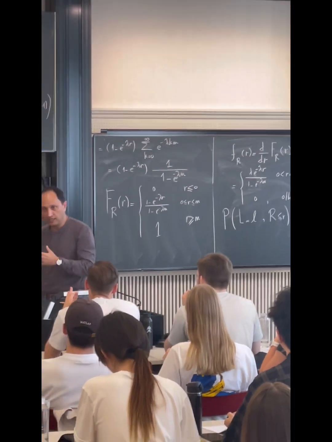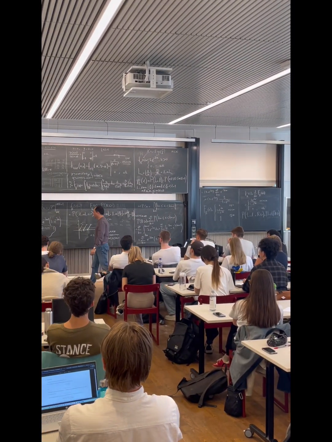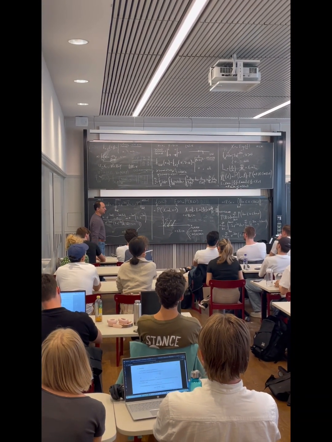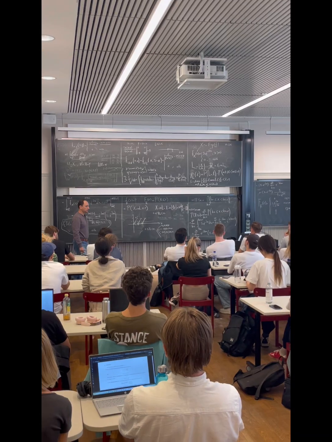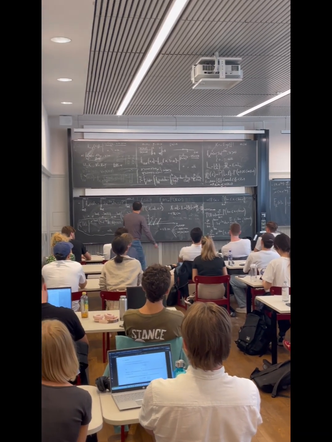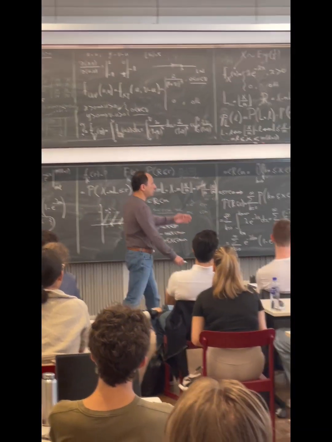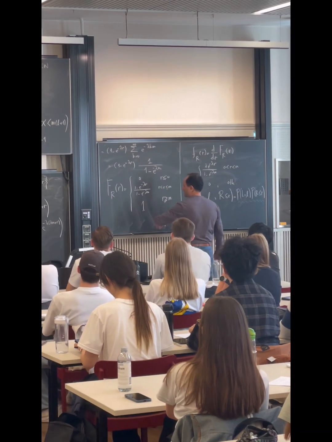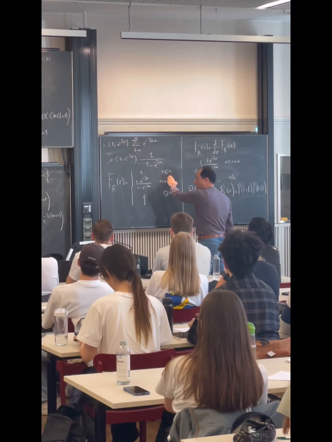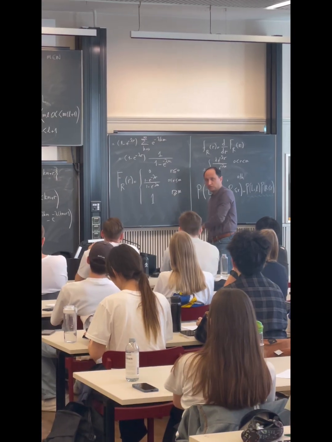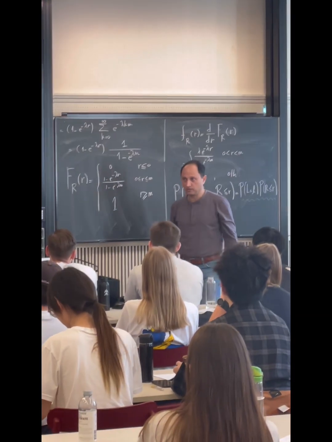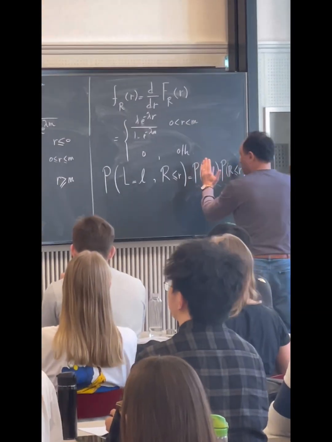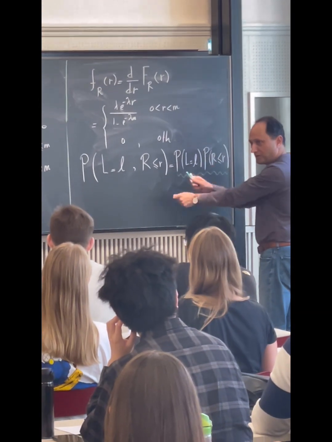So you have to be careful about, for example, can you tell me when that product is not 0, if L takes this and R takes that, okay? But then you have to consider that L takes that one, R takes this one, L takes that one, R takes this one. You have to consider all cases. But that's not hard. So this right-hand side, it's already done. You just need to sit down and multiply.